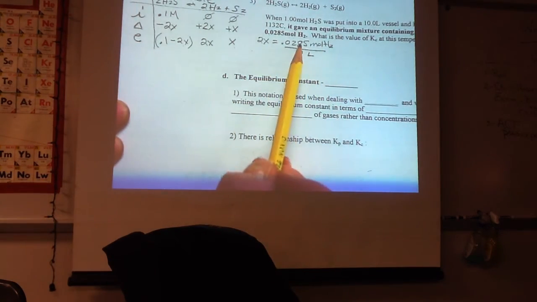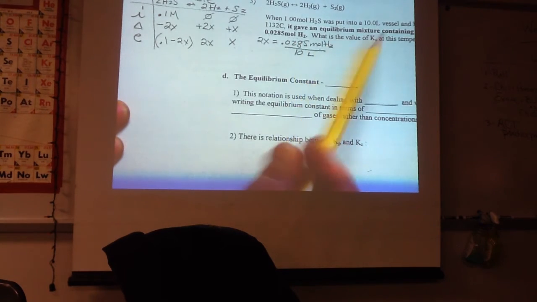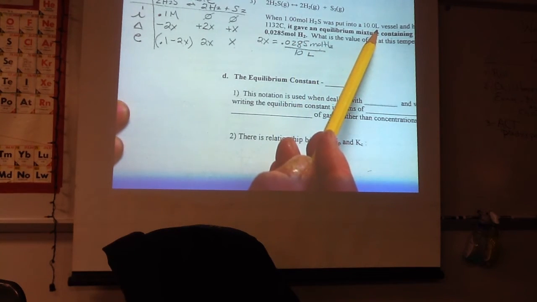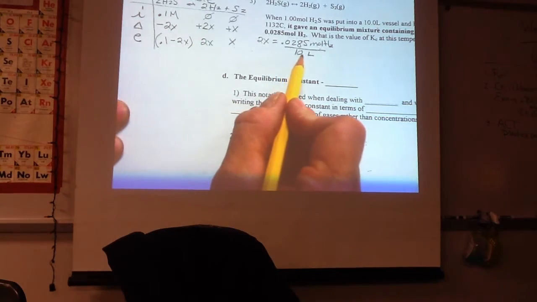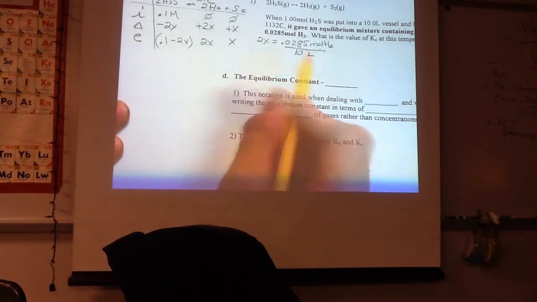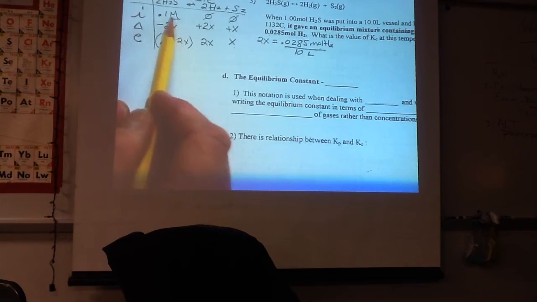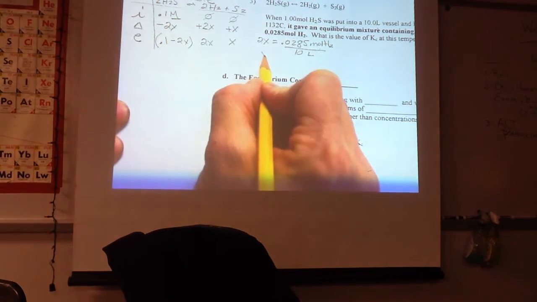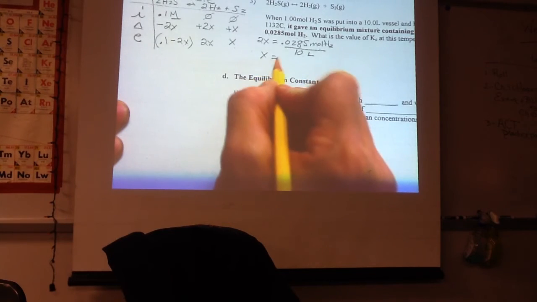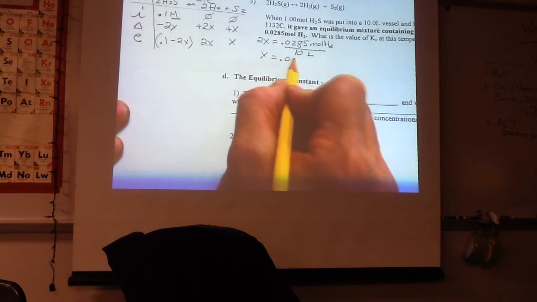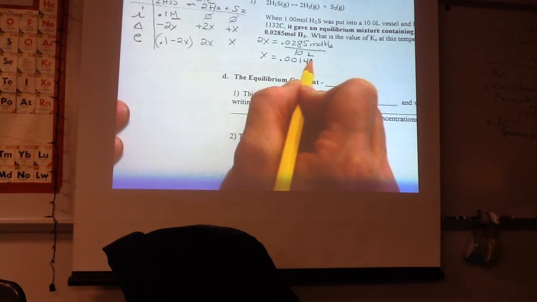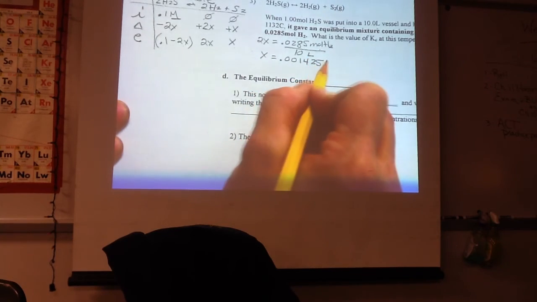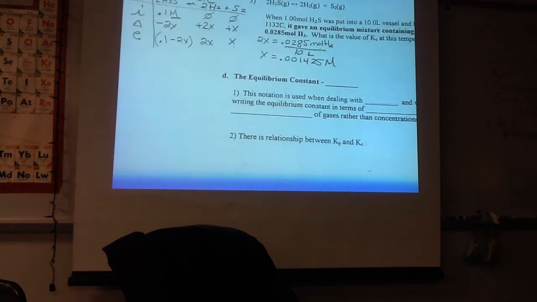I know this was the equilibrium quantity of hydrogen in moles in a 10-liter vessel, and so I have to divide so that I have it in molarity, because all these are in molarity. So when I do my math, X should be equal to, if I did my math right, 0.001425 molar. Is that correct?